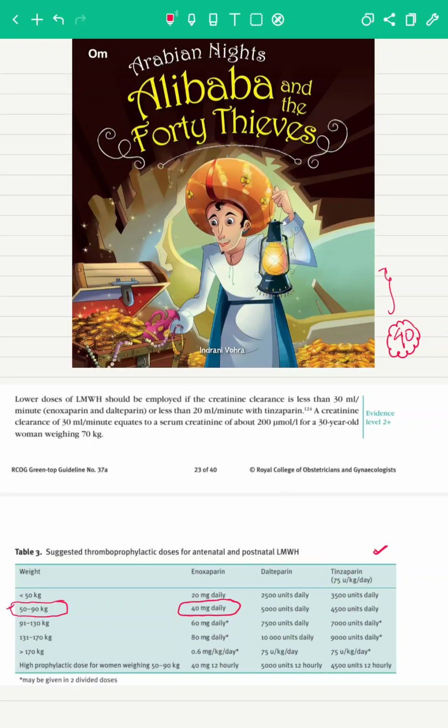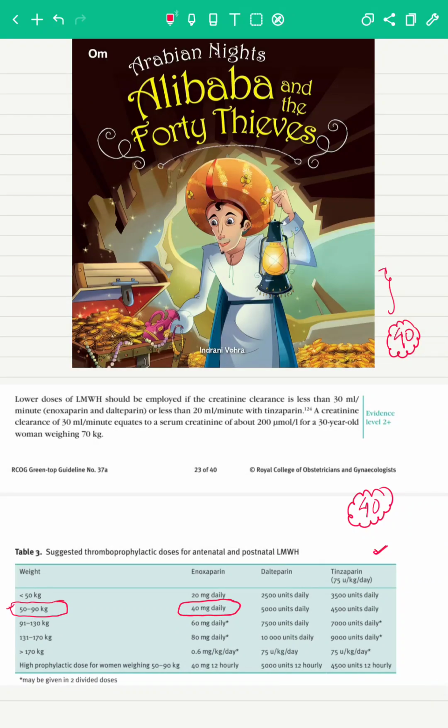These are the brand names, and the most commonly, or I would say maximally used dosage of Enoxaparin is 40. So this golden number of 40 is the most commonly used value of low molecular weight heparin.